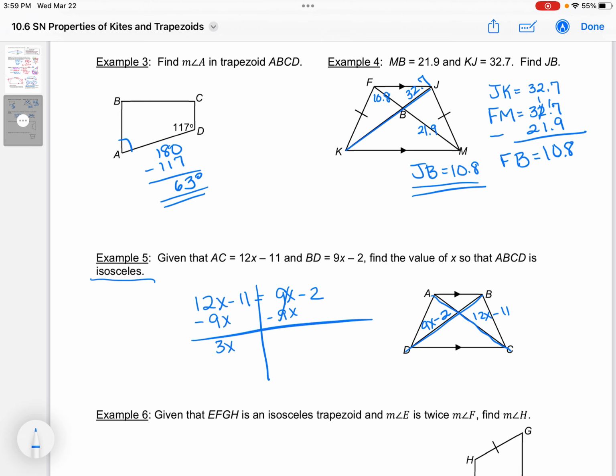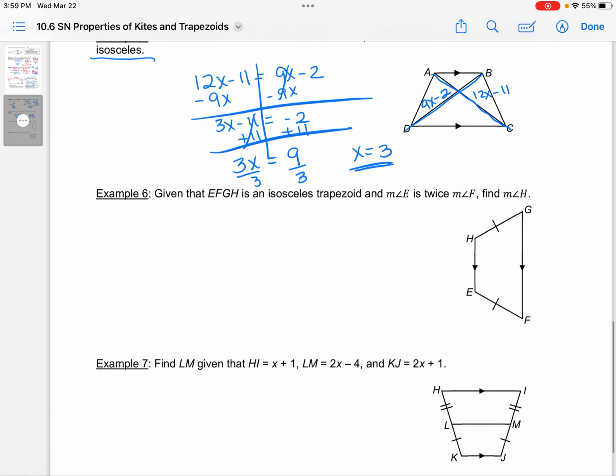So I'll use my algebra. And X is equal to 3. All right, 2 more.